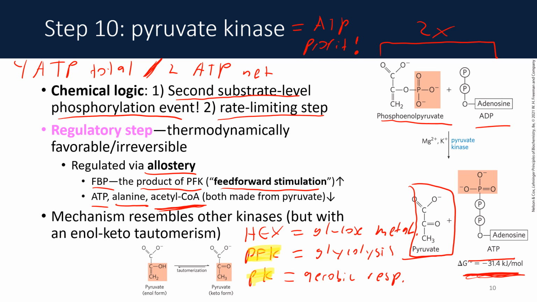to cool it. As for the mechanism, it's a kinase, so I'm not going to go through the kinase mechanism again. I will just mention here that this reaction features a very key enol keto tautomerism, and you can get a visual of that down here. And this rearrangement is going to ultimately provide the energy needed to drive our final phosphoryl transfer.